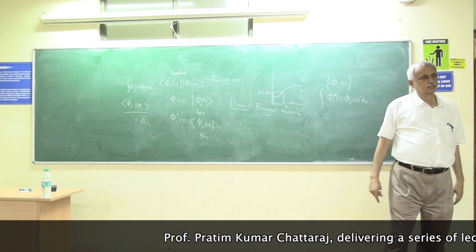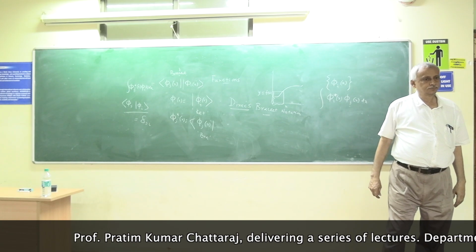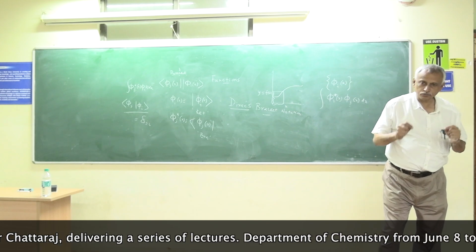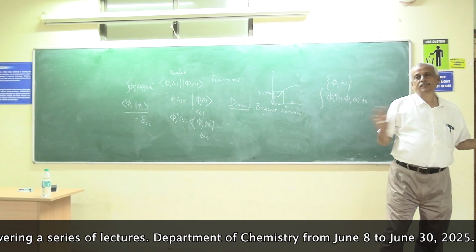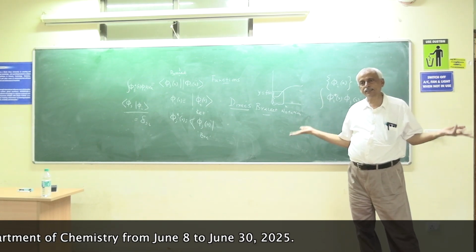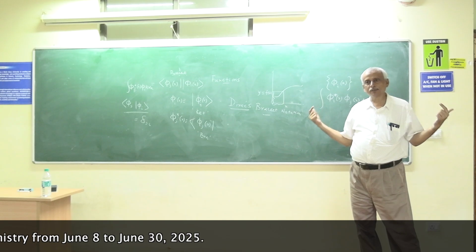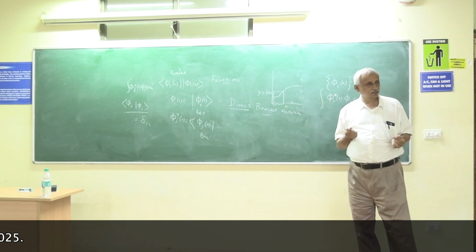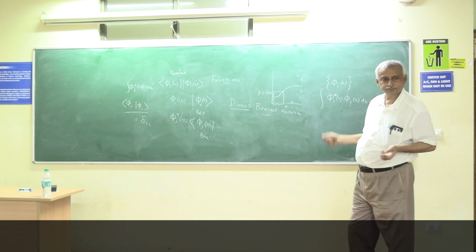The only difference is that here you have a complex conjugate and an integral. That is because it's a function, and unless you integrate, you will not get the numbers 1, 0, etc.